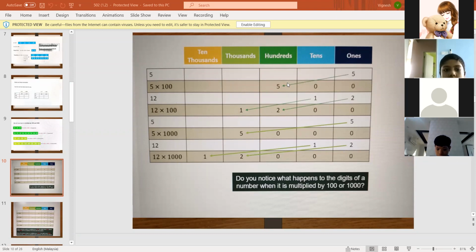Two zeros. Same goes to here: 12 multiply 100 means it moves to the left side, and then you need to insert 2 zeros.